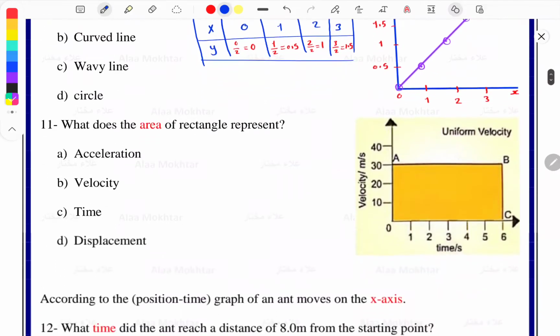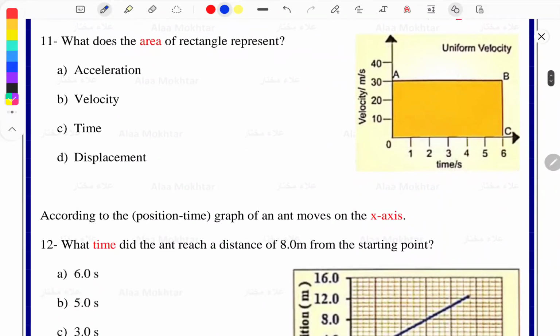The next question is about what the area of the rectangle represents. Look at this figure. This figure is a velocity time graph. Velocity is on the y-axis, time on the x-axis. In a VT graph, what does the slope equal? Exactly, the slope equals acceleration.